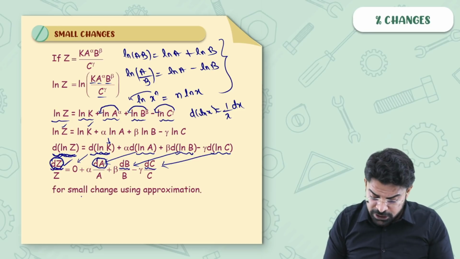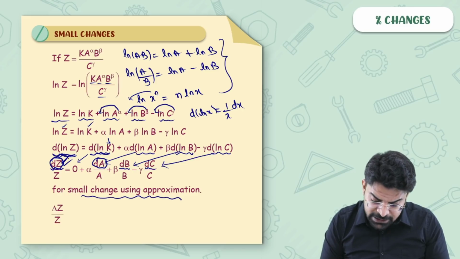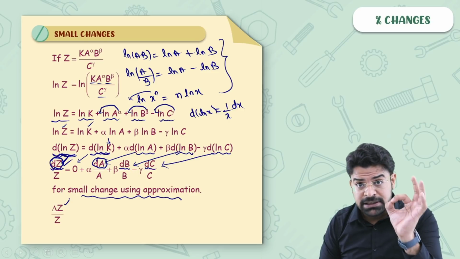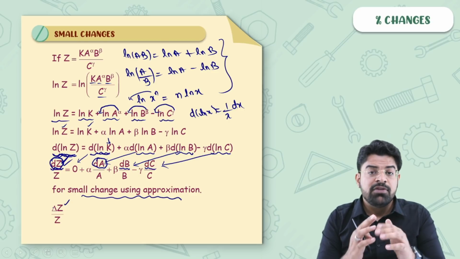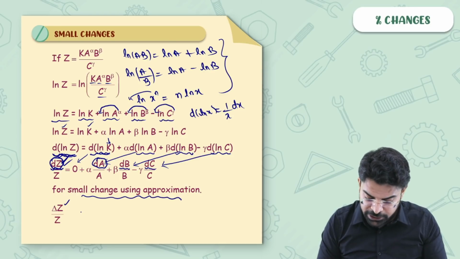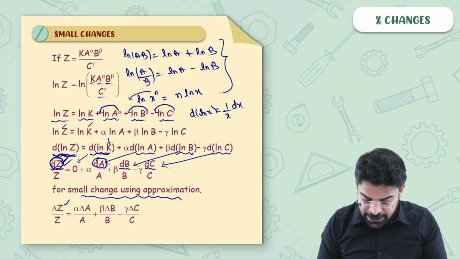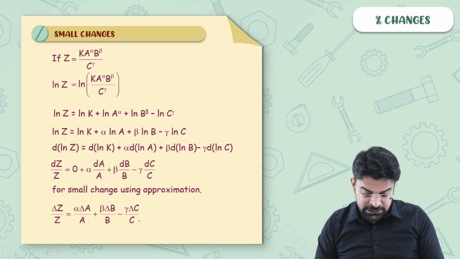So for small changes, approximating, we get delta Z by Z, given that delta Z is small. What is delta Z by Z? The fractional change in the value of Z equals, you don't need to write 0, alpha delta A by A plus beta delta B by B minus gamma delta C by C. So all you need to remember is these two things.